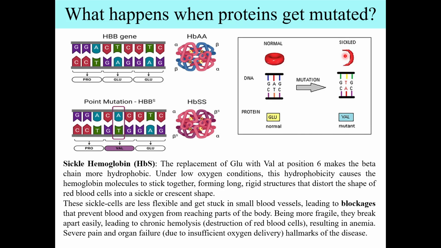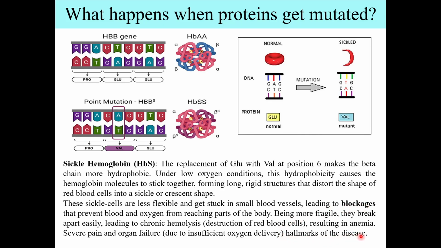And another very problematic thing is that because the hemoglobin is now not very efficient in transporting oxygen to our tissues, there is very horrible chronic pain, and there is also organ failure due to insufficient delivery of oxygen. So severe pain, organ failure, chronic hemolysis, and blood vessel blockages.